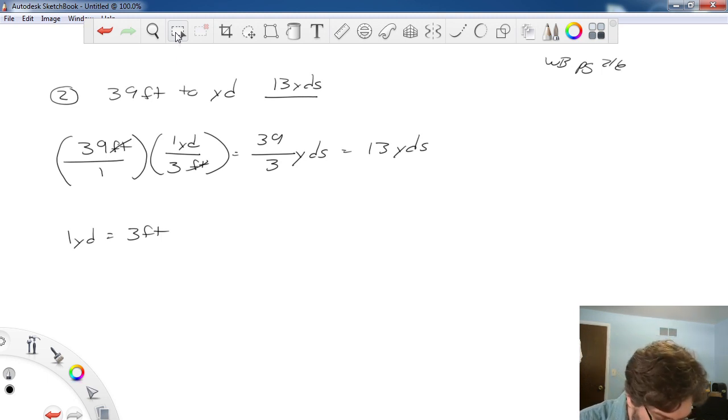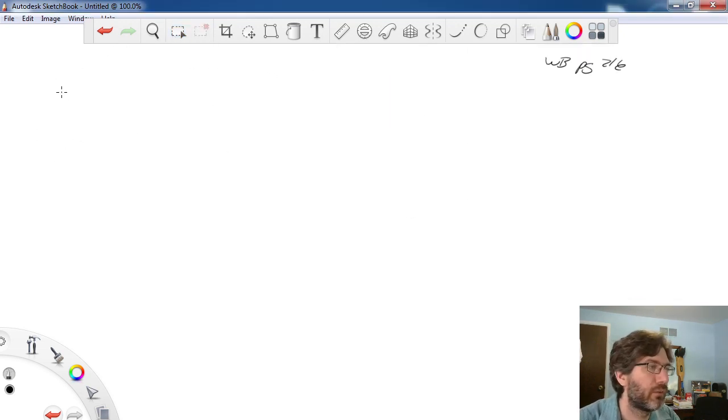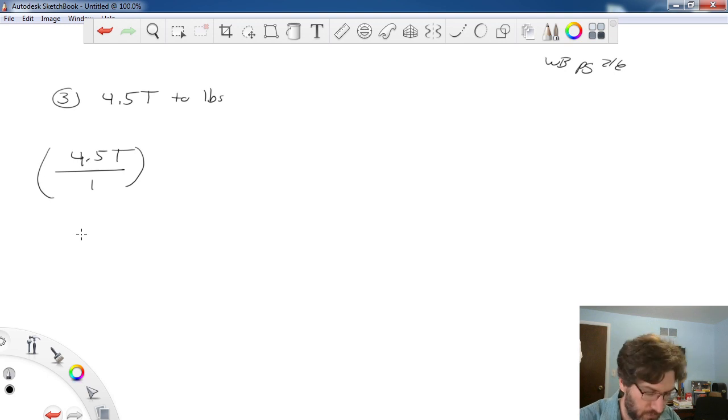So go ahead and give number 3 a shot on your own. It says 4.5 tons to pounds. So we're going to go here, and again, pay attention to your units. 4.5 tons to pounds. Again, you get 4.5 tons over 1. And your conversion ratio says 1 ton equals 2,000 pounds.